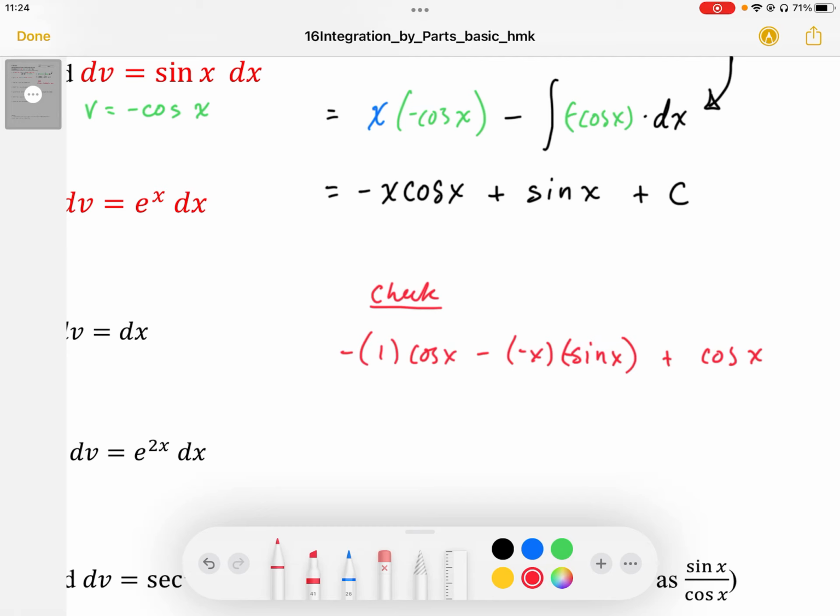When I work out the signs here, I'm going to end up with negative cos x plus cos x, which is going to cancel out. And then I end up with x sine x. This should have been a plus. x sine x. So there it is. When I check it, it works out.